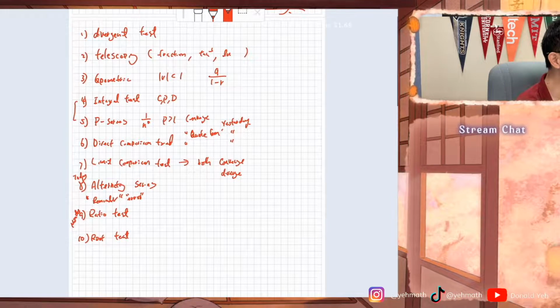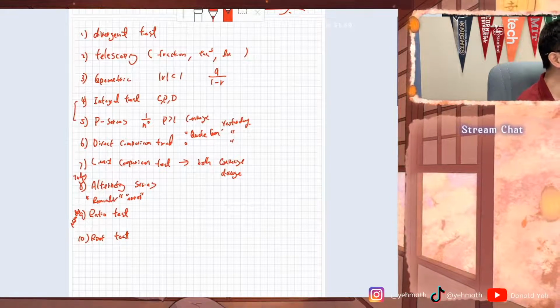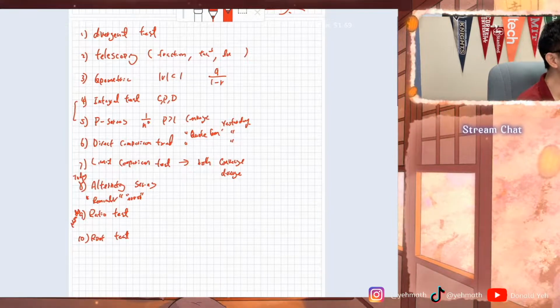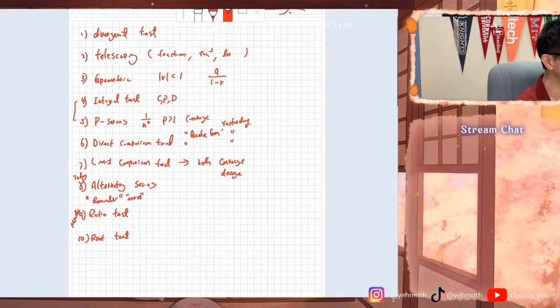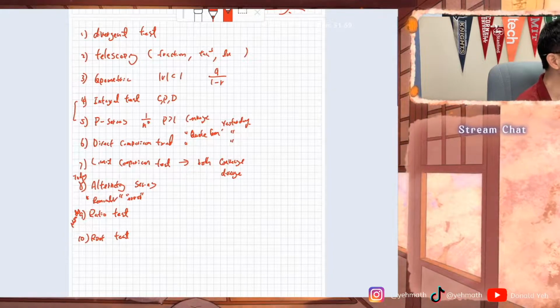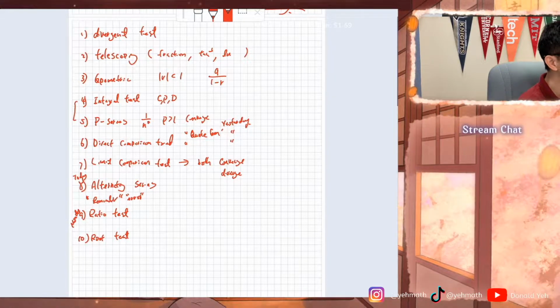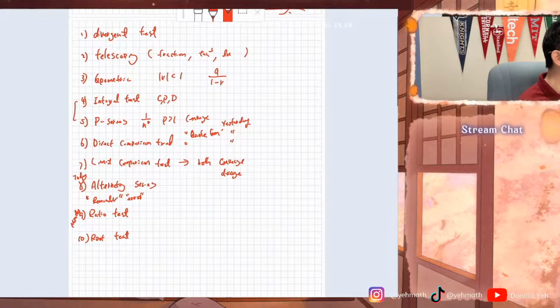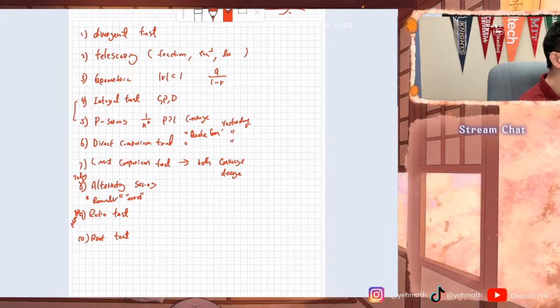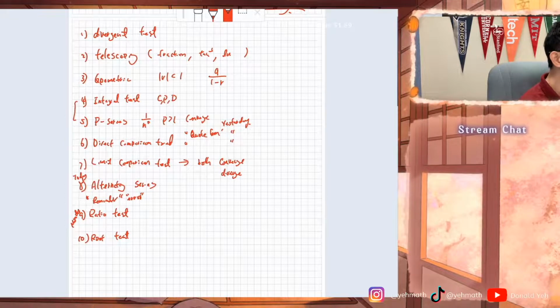10 different tests. Now, what can you tell me about alternating? What does alternating mean? Different? Oscillating maybe? Variation. Why oscillating? Switching back and forth between what? Are you saying alternative or alternating?